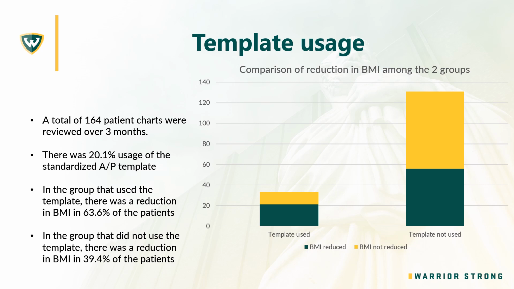Our goal was to increase template usage by 25%, but there was only 20.1% usage of the standardized assessment and plan. However, we noticed that in the group that used the template, there was a reduction in patients' BMI by 63.6%, and in the group that did not use the template, there was a reduction in patients' BMI by 39.4%.